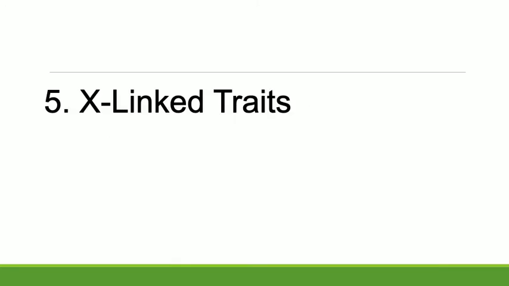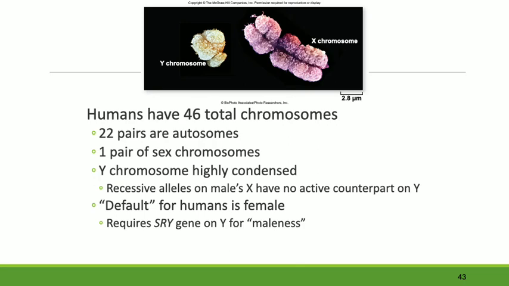There's one more difficulty to understanding genetics, and we will use human examples here. And this is traits that are physically located on the X chromosome. These traits are inherited differently in men and women. And the reason for that is because women have two X chromosomes. So for biologically female humans who have two X chromosomes, these chromosomes behave just like any other chromosome.